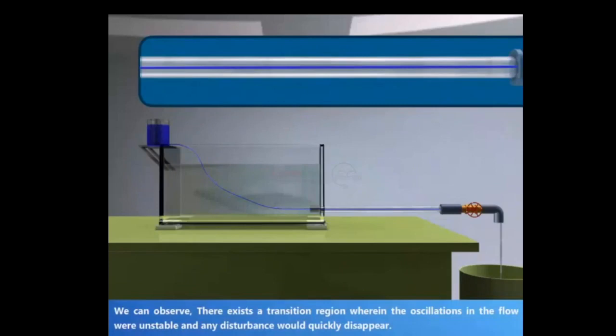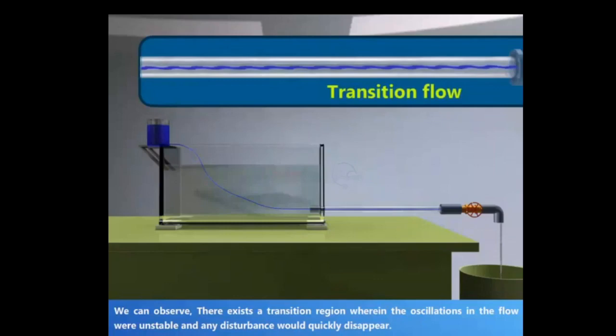Now we can observe that there exists a transition region wherein the oscillations in the flow were unstable and any disturbance would quickly disappear. In this case, the velocity of flow is slightly increased, so there will be mixing of the fluid particles.